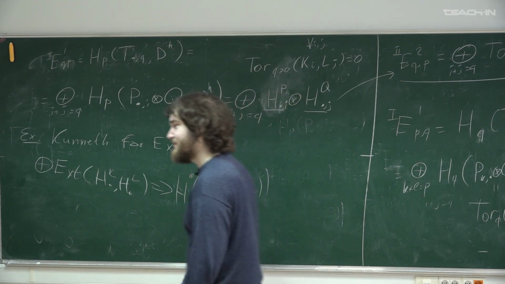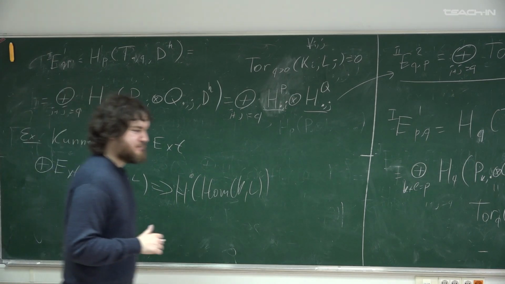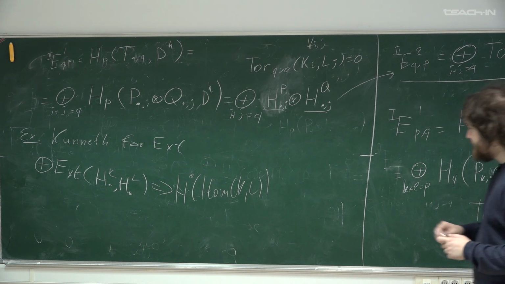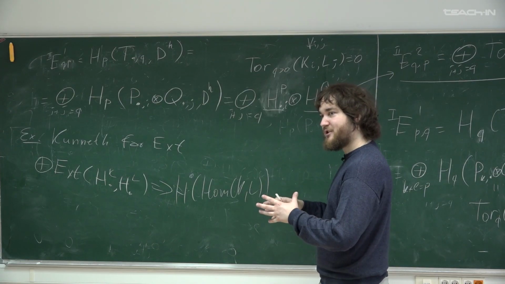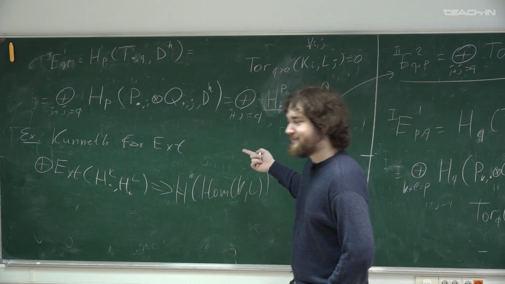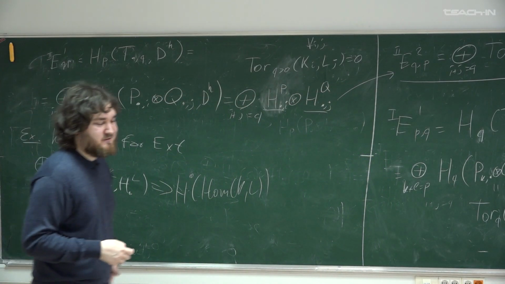It's an exercise to correctly formulate it and prove it, proving the same thing. And an important exercise here is to check that for splitting complexes, the homology of the tensor product is the tensor product of homologies. We used it here. It's the simplest case, but we need to check this.